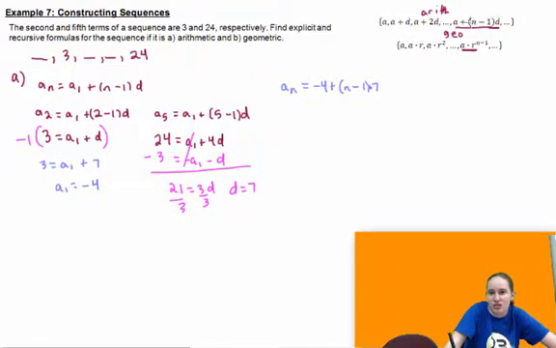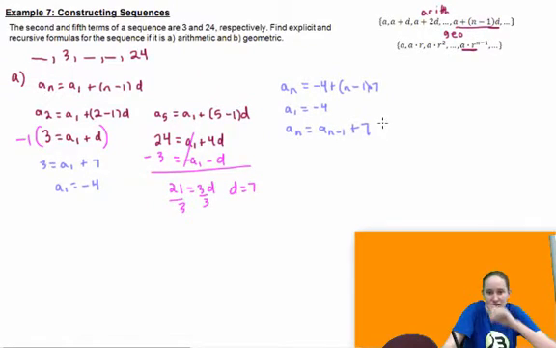That's just taken straight from the general formula. For the recursive formula, we need to know what a1 is. It's -4. Then every element after that comes from a of n minus 1 plus our common difference, which is 7.